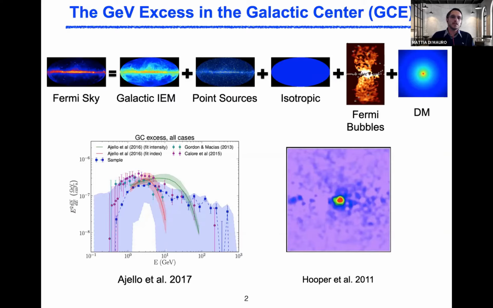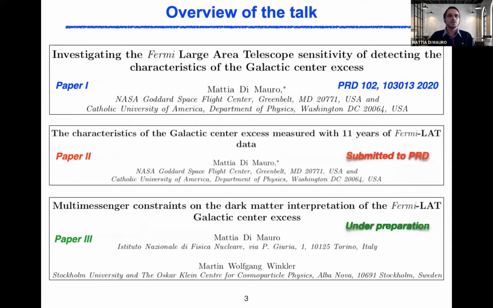If they also include a dark matter template, they find an excess of gamma rays with a spectrum that is peaked around a few GeV of energy and with a spatial morphology that is roughly spherically symmetric.